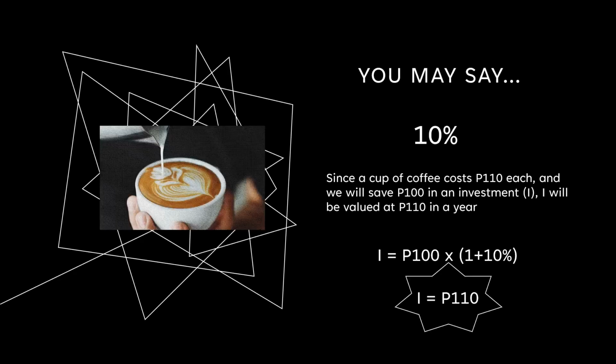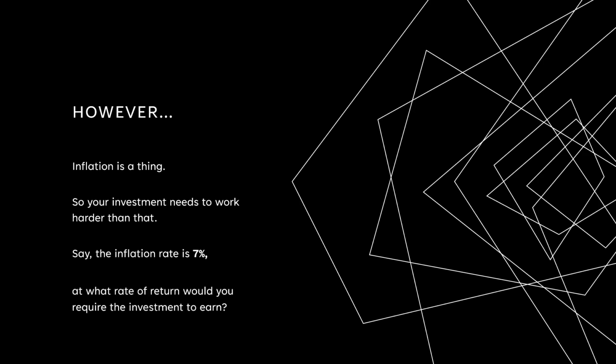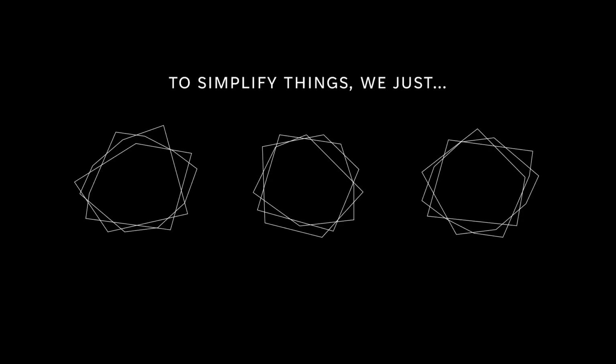However, we know for a fact that inflation is a thing. So the investment needs to work harder than that. Say the inflation rate is 7%. At what rate of return would you require the investment to earn? To simplify things, we just add the inflation premium to the real rate of return.